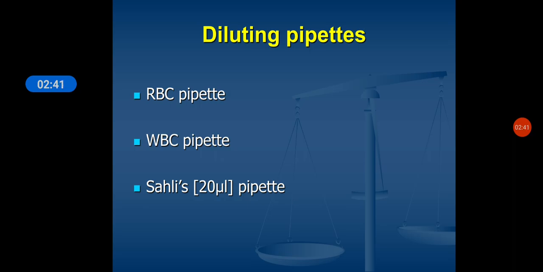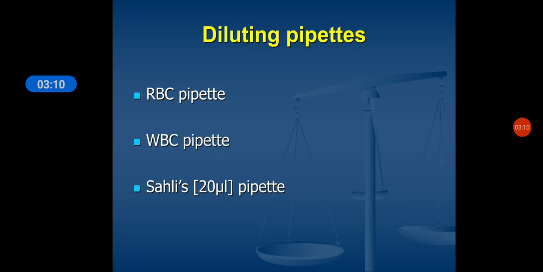For RBCs you have the RBC pipette, and for WBCs you have the WBC pipette. The differences between the RBC pipette and WBC pipette are a favorite viva question, and you need to know them. From the name itself, the RBC pipette has a red bead and the WBC pipette has a white bead. The RBC pipette has a bigger bulb and the WBC pipette has a smaller one.